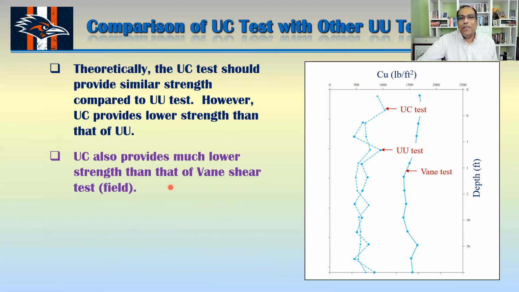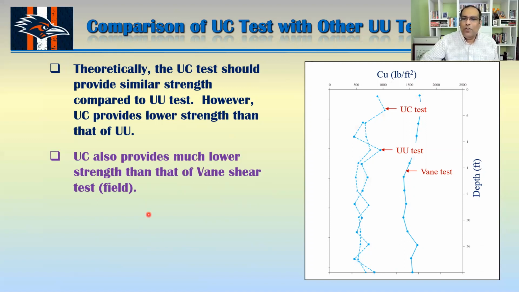But there is another difference: in the UU test we use a membrane and the valve is closed, so basically there is nothing draining from there. For the UC test, you cannot make sure that nothing is draining there. So sometimes we see that unconfined compression test results could be a little bit different.